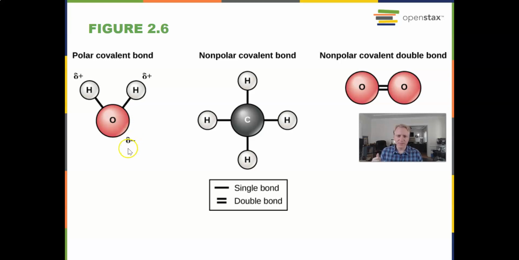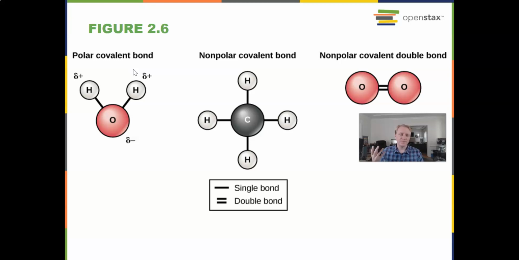And so you get this little negative symbol here, and that just means that this oxygen is more negative than those hydrogens are. And that's what gives you your polar covalent bond. That polar covalent bond is going to give water a whole bunch of really cool properties that allow life to take place.